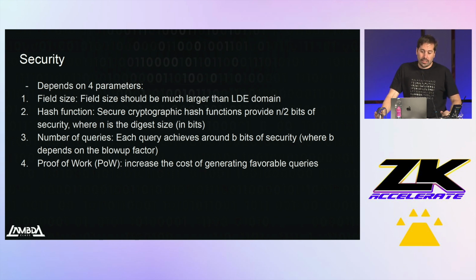Another thing is the hash function, but in general, what we have to do is just use the correct digest size. If quantum computers were to appear, then we would have to double the digest size, and that would double the proof size, but that is something that at least we can live with.